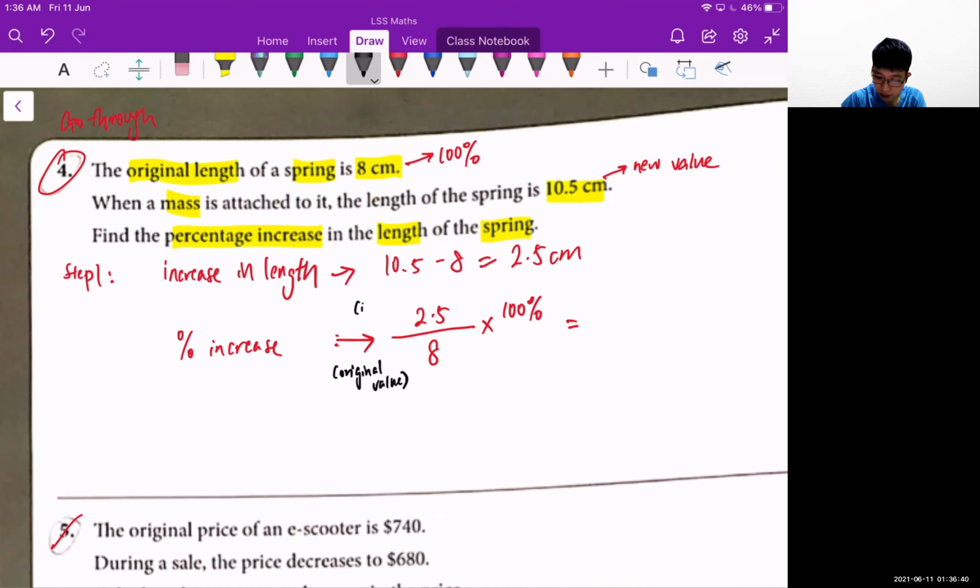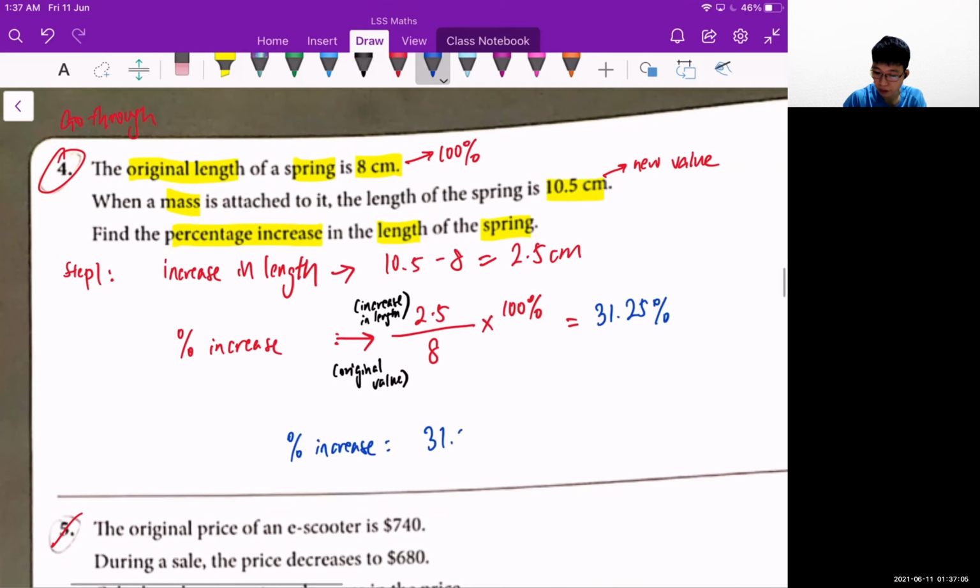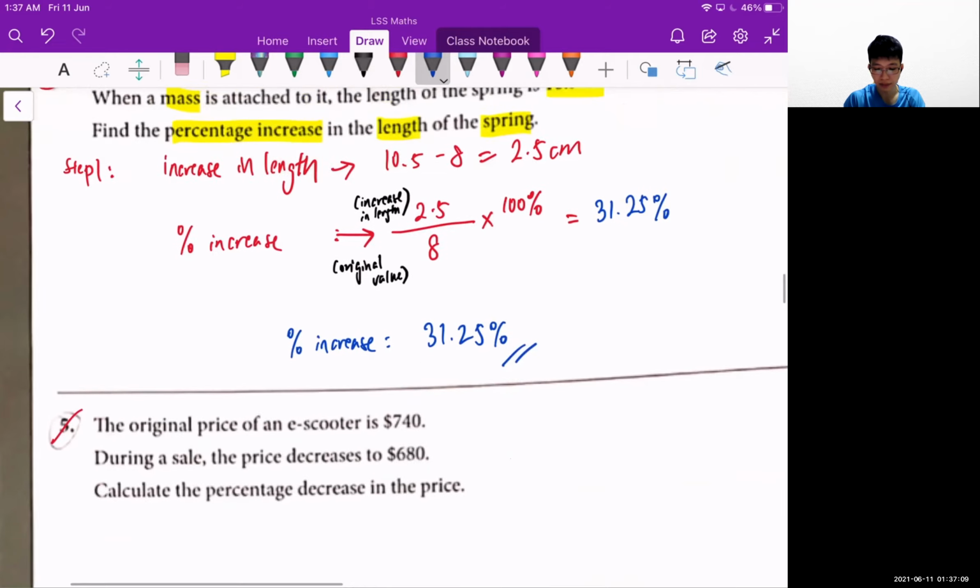This is the increase in length. That means how much length has it increased? So now just press into the calculator. And this gives you 31.25%. So the percentage increase will be 31.25%. So this is it. This is your final answer.